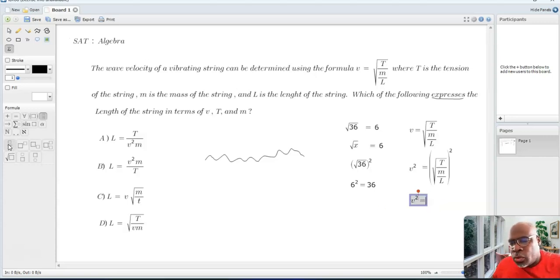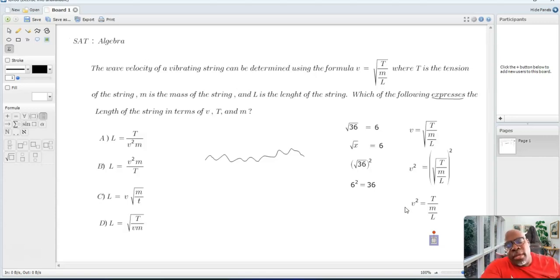So it should be equal to t divided by m divided by L. So that's where we go. So our first step is to remove the square root sign, and that is how you remove the square root sign. Now remember, we want to make L by itself.